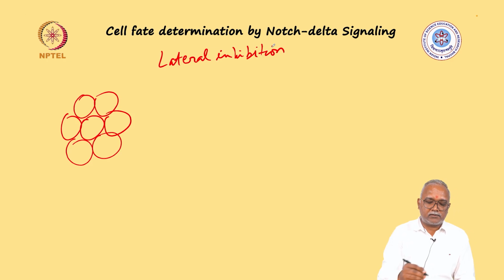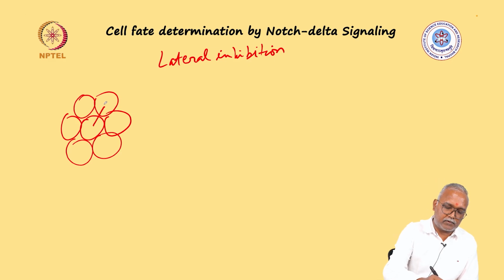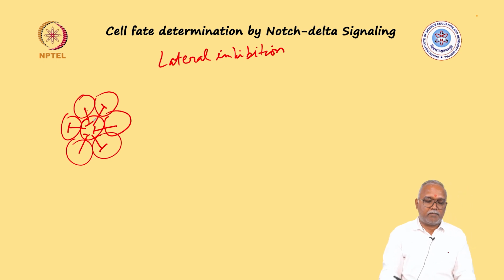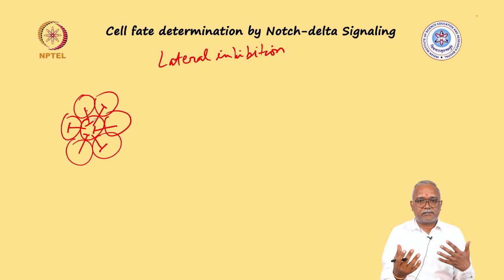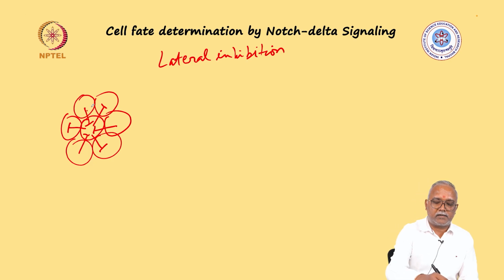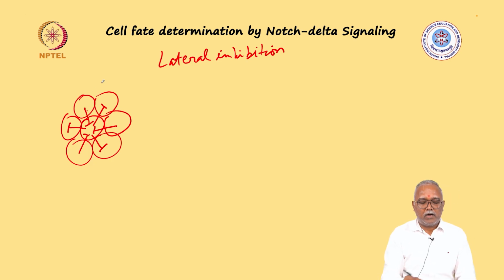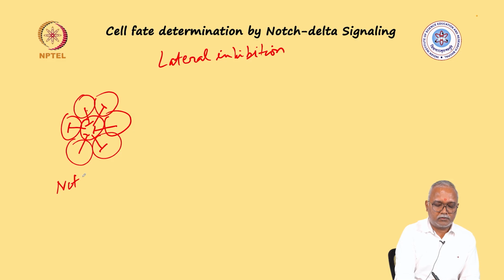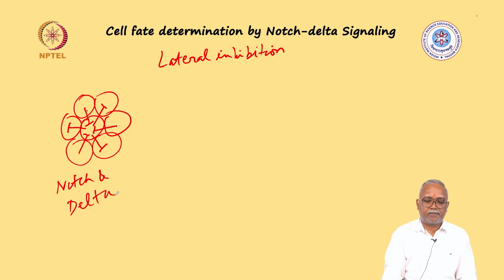Which basically means that each cell is inhibiting the other cell by virtue of Notch-Delta signaling. I am just marking some of the inhibitory signals, but remember that it is bidirectional, because both cells, the central cell and the peripheral cell, are expressing Notch and Delta.